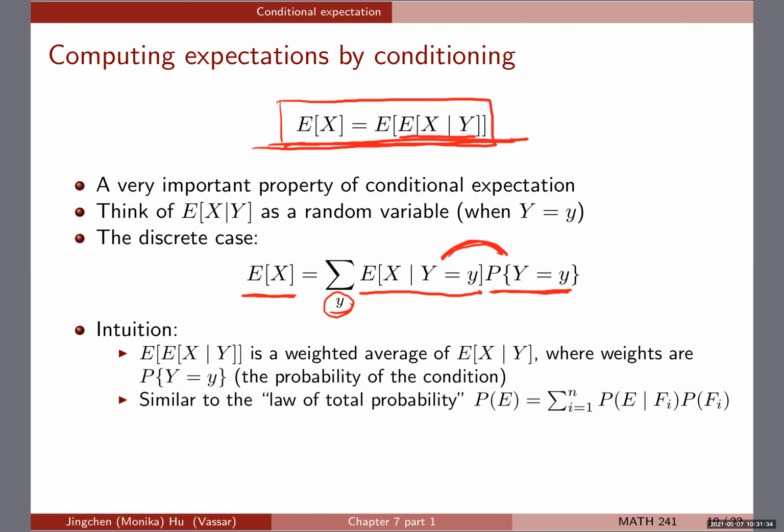Remember, whenever you're summing over the other variable, you're getting the marginal in some sense. That's how we're thinking about it in chapter 6. So in order to get the expectation of X, I can do something similar to the law of total probability: if I know the conditional expectation of X given Y, and the probability of each possible value of Y, I multiply these two and sum over all of the Y, and I get back my expectation of X.